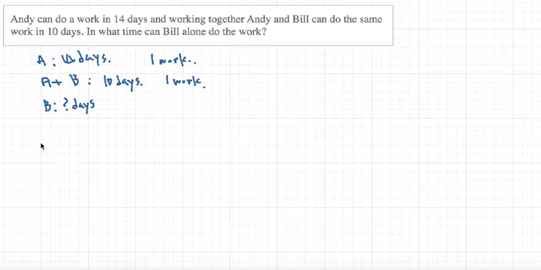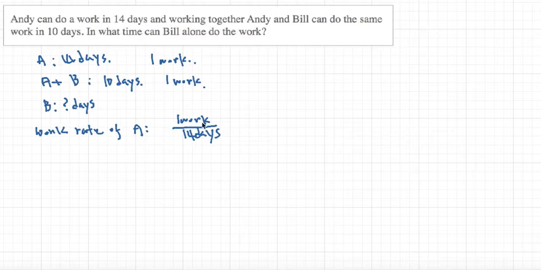From the information, we can find the work rate, which is how fast Andy works, the work rate of A. Dividing the work amount by the time, 14 days, we get the work rate, which is 1 over 14.